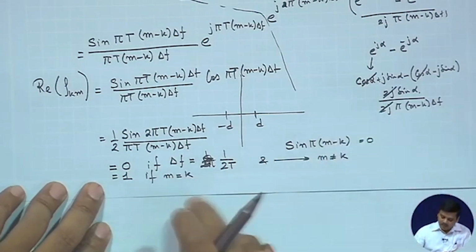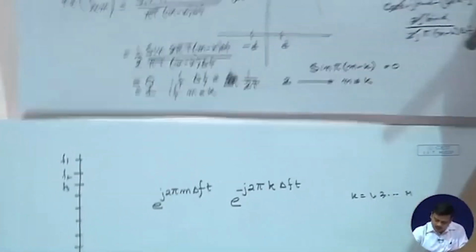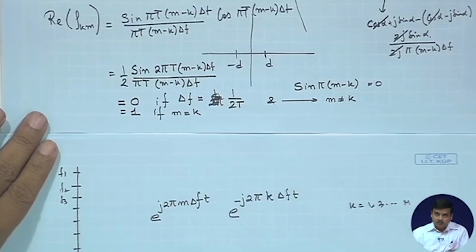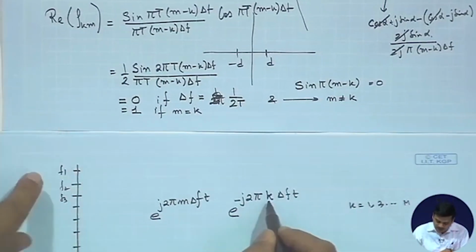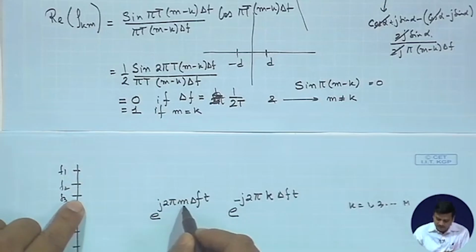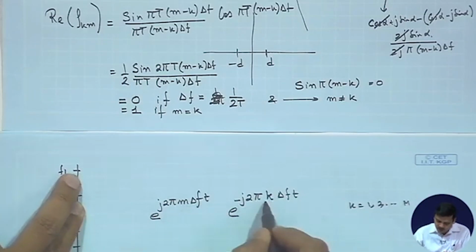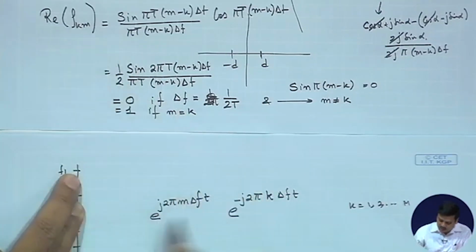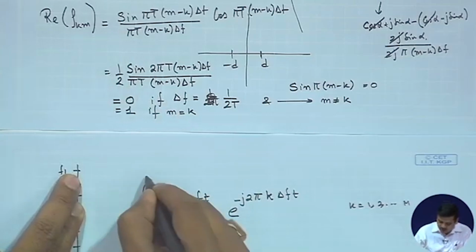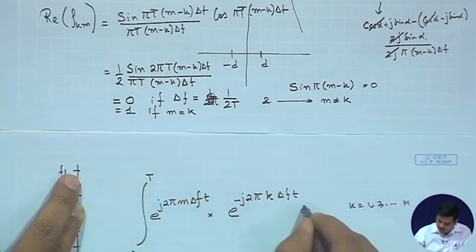So, using these, suppose m is 3 and k is equal to 1. So, m is not equal to k, and when we do the correlation we basically multiply and integrate from 0 to T dt.